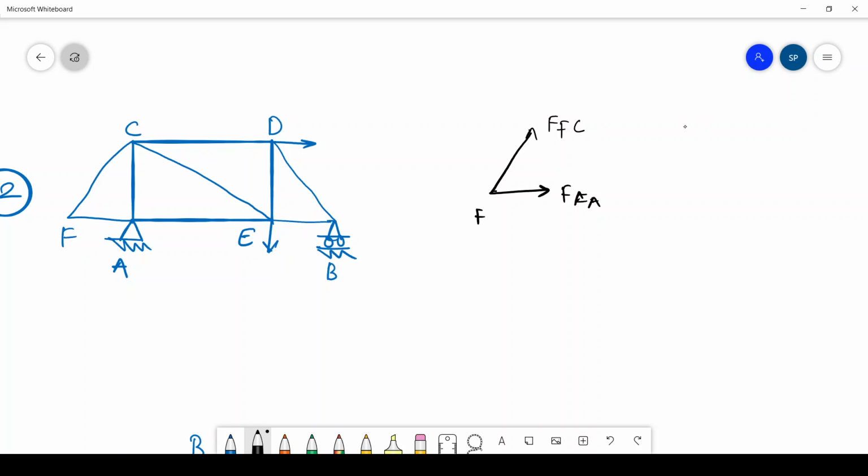F_FC is going to be 0, because there is no external force acting. So this member force will be 0. And next, if I apply summation Fx equal to 0, this F_FA is going to be 0.